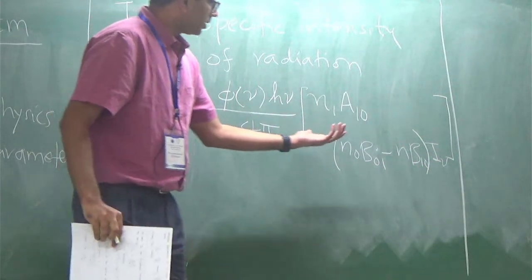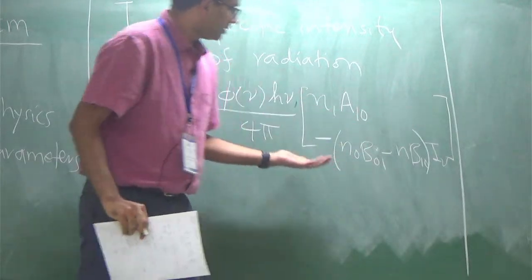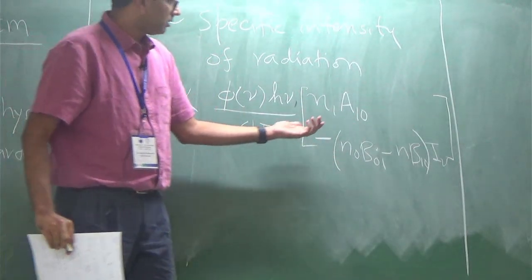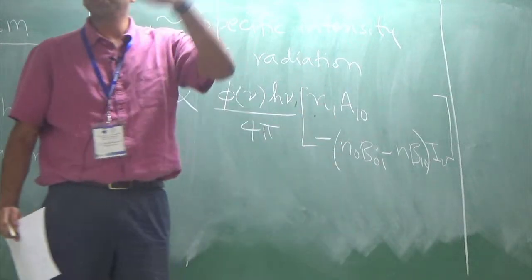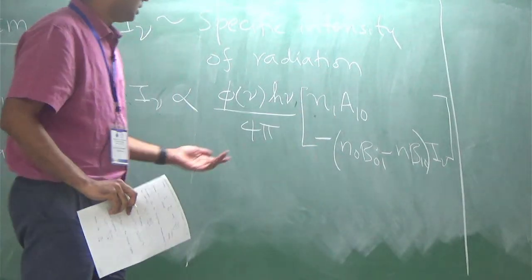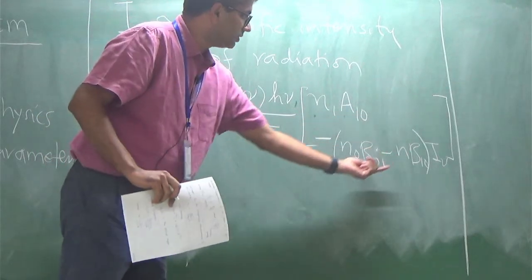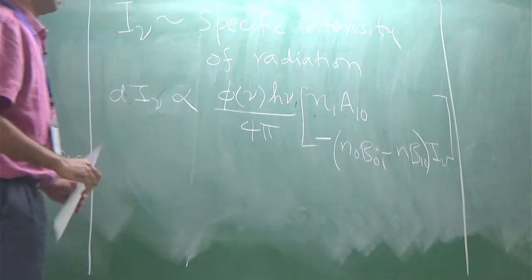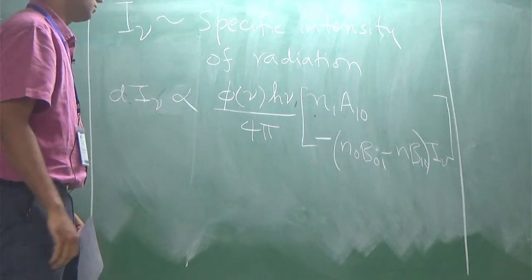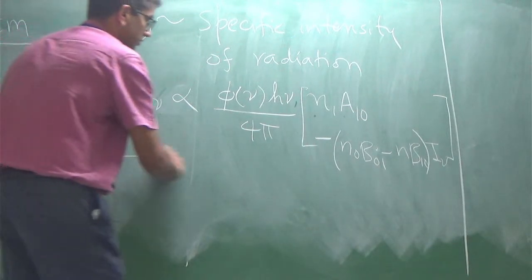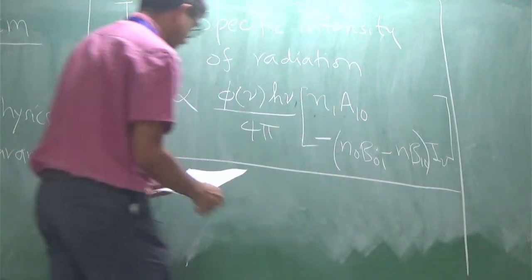So the quantities inside these big square brackets are using the number statistics of the occupation of the two hyperfine levels, and then quantifying the probability with which the hydrogen atom will move between the two energy levels. Okay.